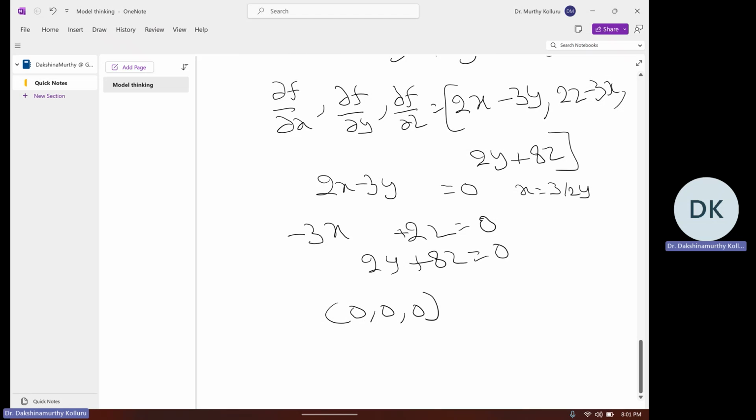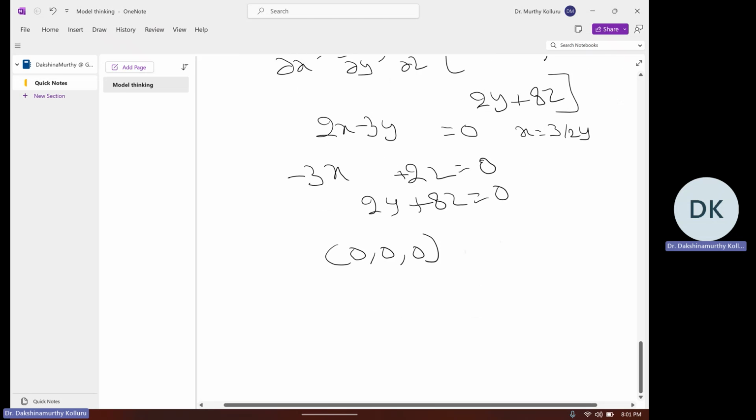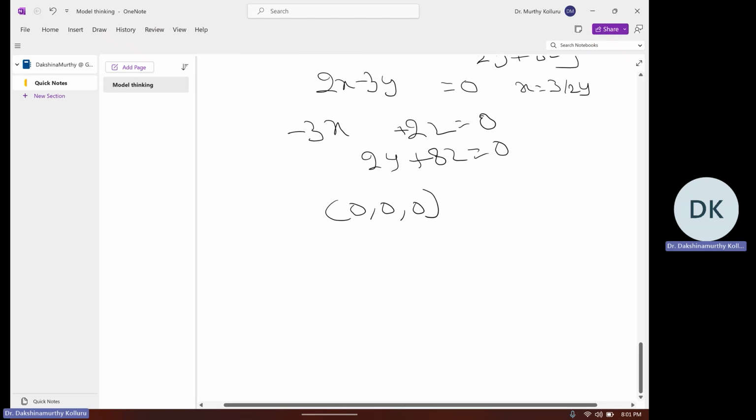Great. Now, is it a minima or a maxima at this point? One way you can do it is to plot the curve and see, but let's use mathematics, our Hessian.